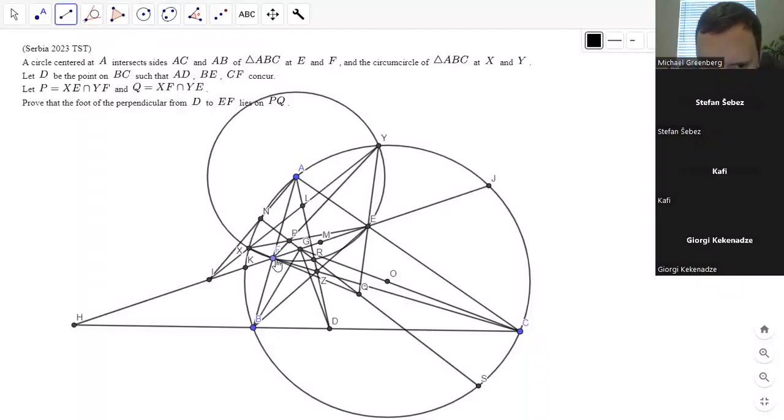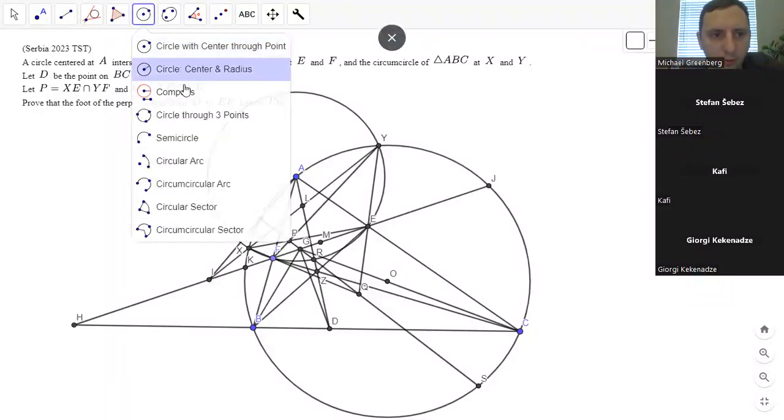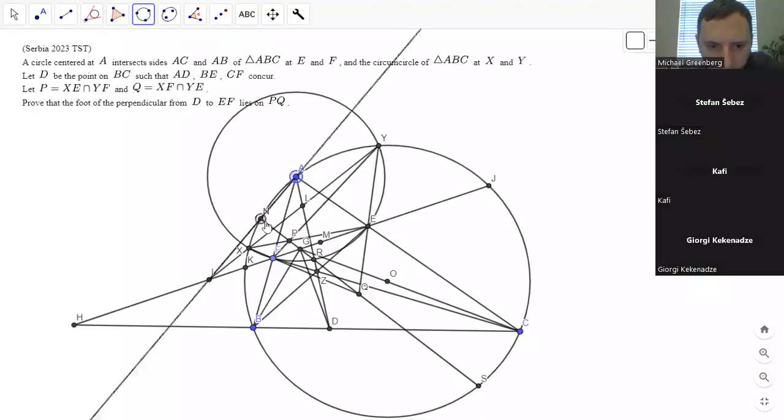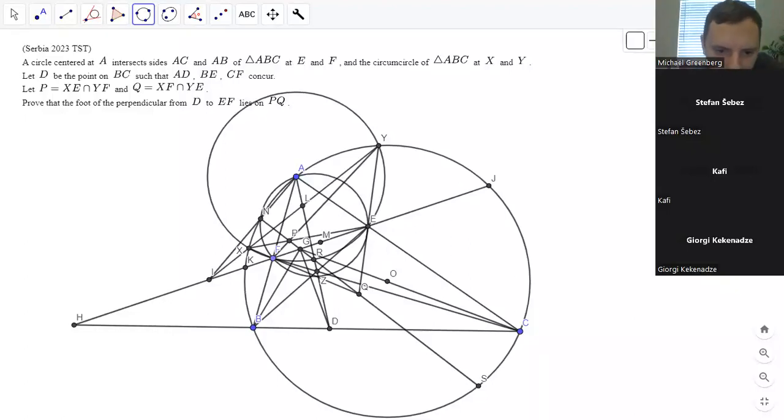AEF and N is cyclic. Okay, so AEFN is cyclic, by power of a point. Okay.